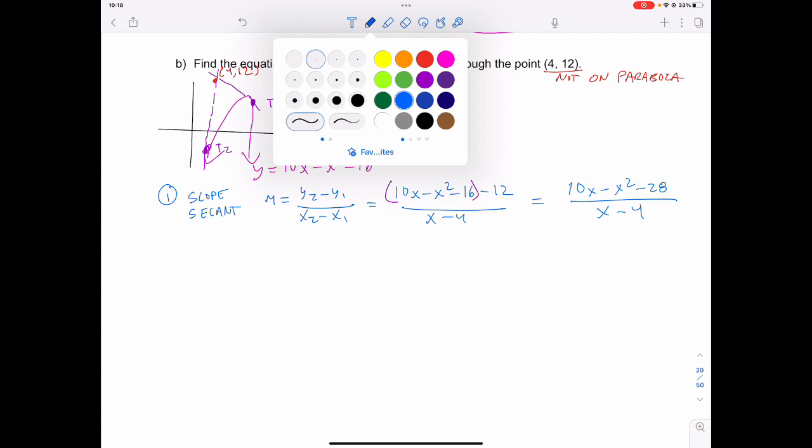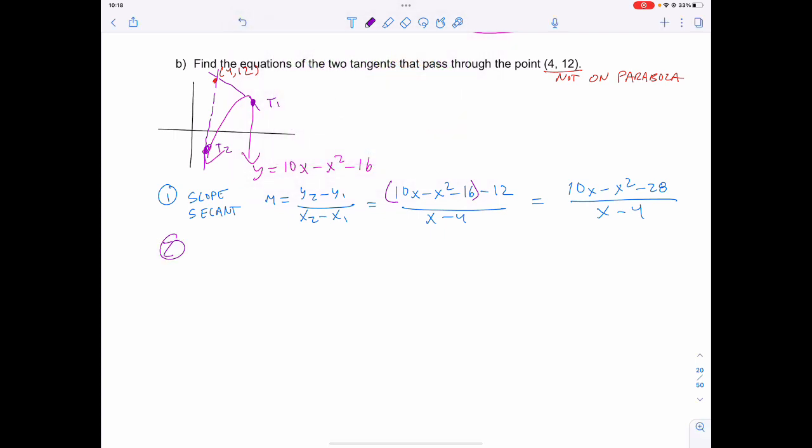The second thing I know is I know the slope of the tangent is the derivative, which is y prime is equal to 10 minus 2x.